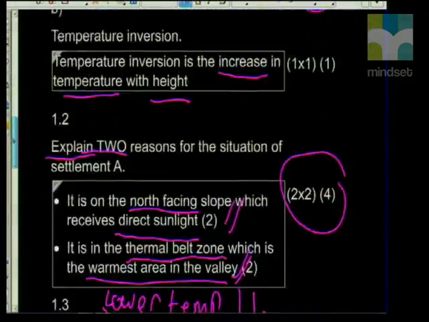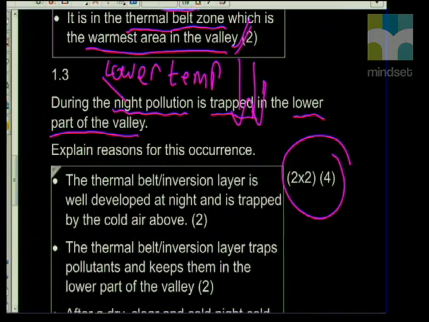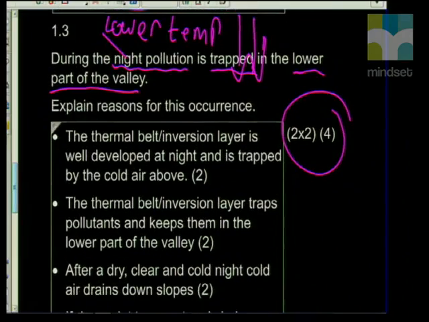Let's look at the question. Explain a reason or reasons for this occurrence. We know from the question, 2 marks each. It's 2 times 2, 2 factors or 2 reasons. The thermal inversion layer is well developed at night because it is cold, and trapped by the cold air above.